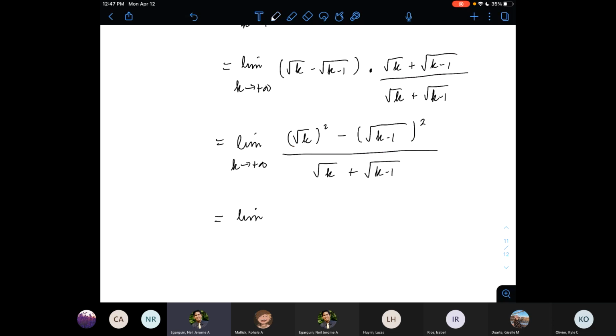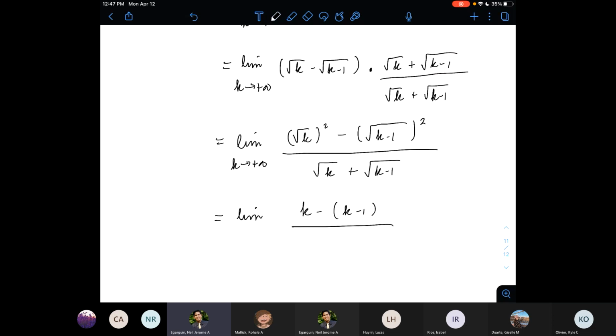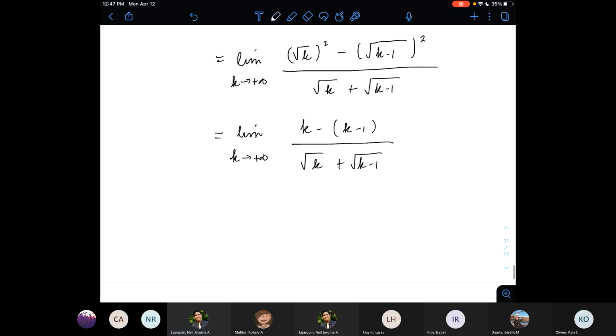Now, this would be k minus quantity k minus 1 all over root k plus root of k minus 1. All right. So you just cancel the square root with the power 2 there, square root with the power 2 there. So you'll eventually get this numerator. And this simplifies to what? This simplifies to 1 over root of k plus root of k minus 1 as k approaches infinity.